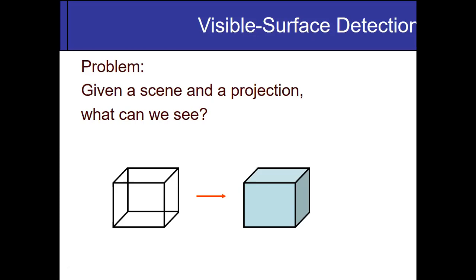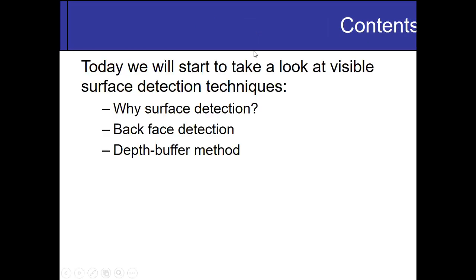Both are the same. There are various algorithms like backface elimination, depth buffer, ray tracing, A-plane method, many things. Here we'll talk about these two: backface detection and depth buffer or Z buffer. Z buffer and depth buffer are the same.